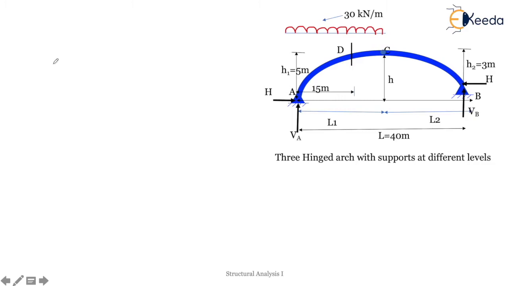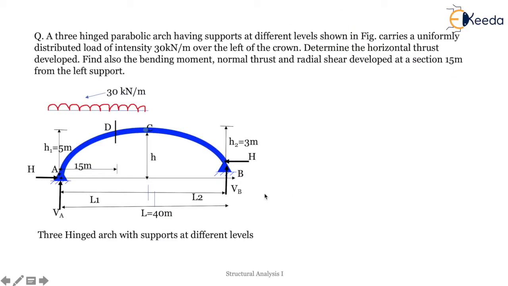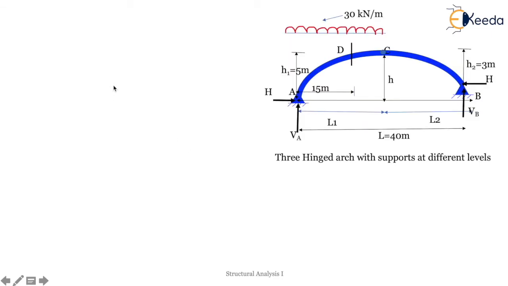When we solve this equation, we get L1 equal to L root 5 divided by root 5 plus root 3.